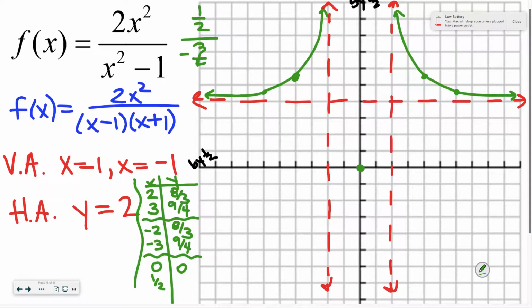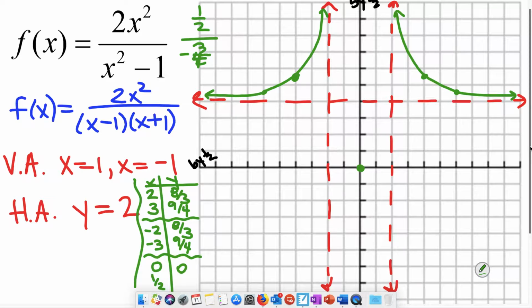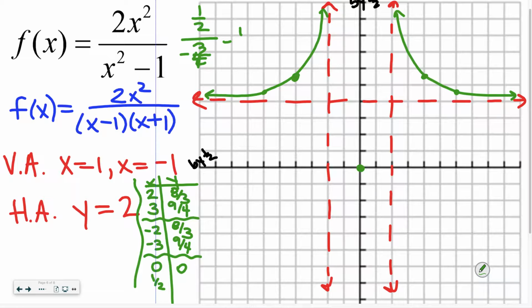And when we take 1/2 divided by -3/4, we end up with what? 1/2 times the reciprocal. What is that? -2/3.